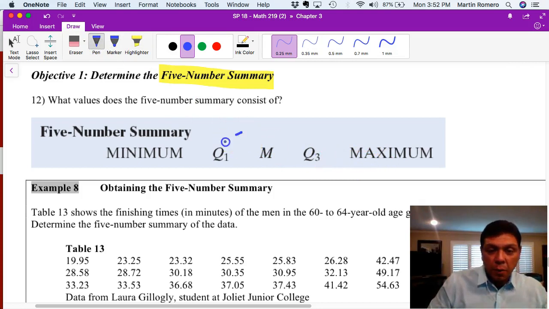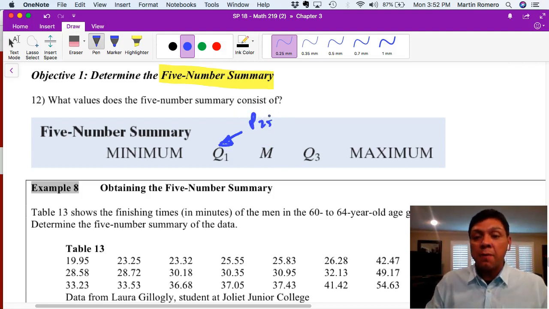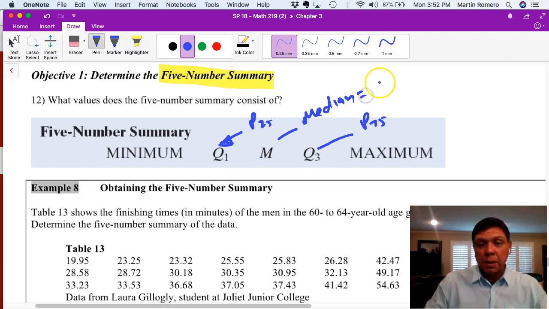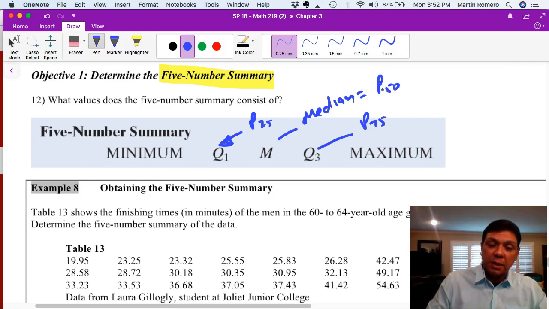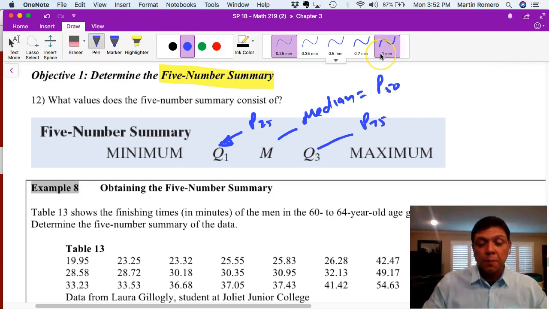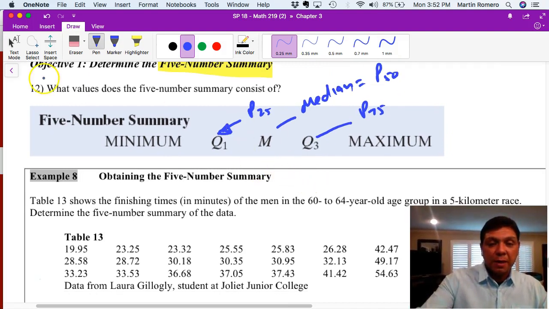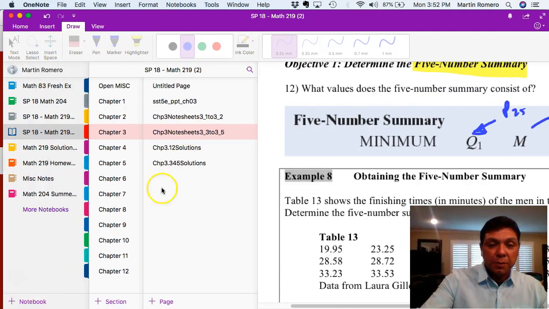All of those are quantitative values we can get from data. Q1 is also known as P25, or the 25th percentile. This is known as the median. You could also look at this and say this is P75. Some people would ask, is the median also P50? And the answer to that is yes. We talked about that in the last lecture and in your notes. And so this is what a box plot is made up of. It's made up of those numbers.